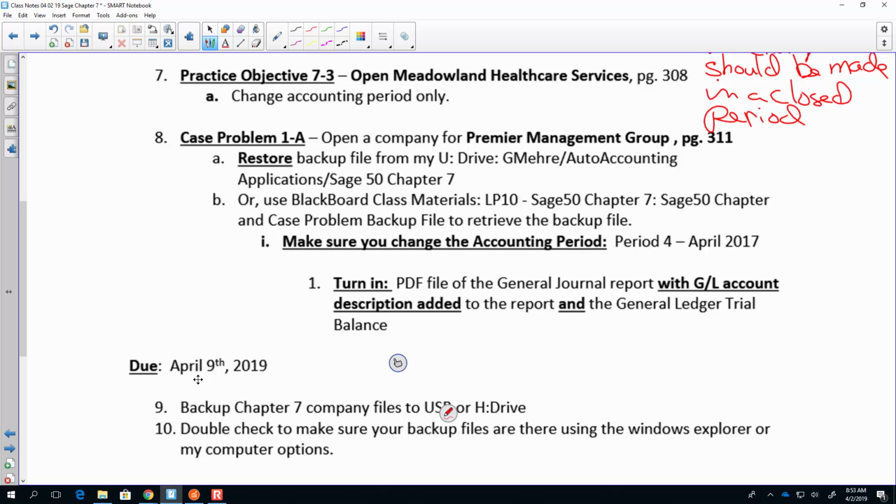So this is an April period, and the software will open up with that period open. 2017, what I want to mention is the first one. Take a look at the office supplies on hand. Take a look at that adjusting entry. This is probably the one that gives students the most trouble.